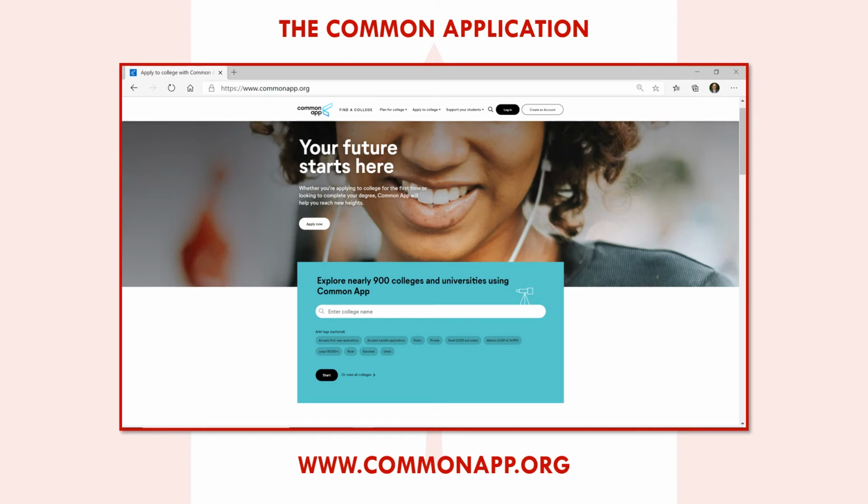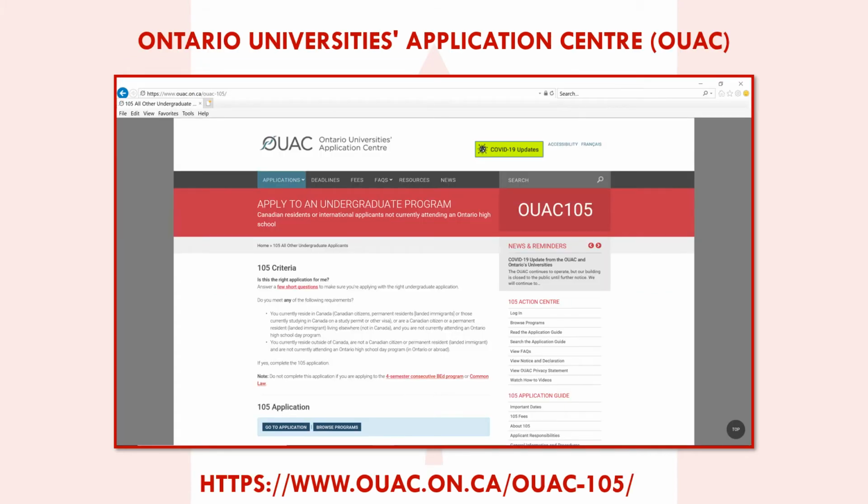The Common Application website is www.commonapp.org. The Ontario Universities' Application Centre, OUAC, website is www.ouac.on.ca.